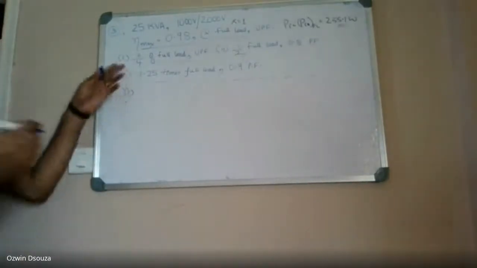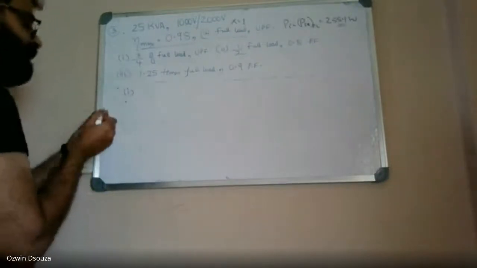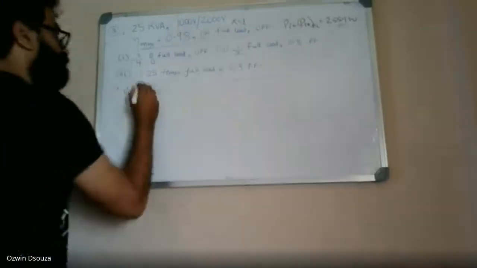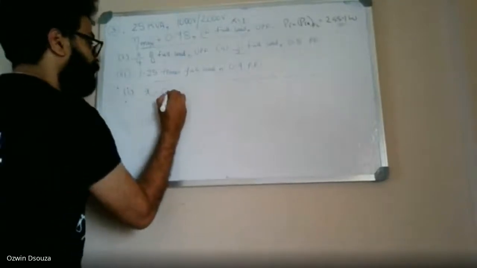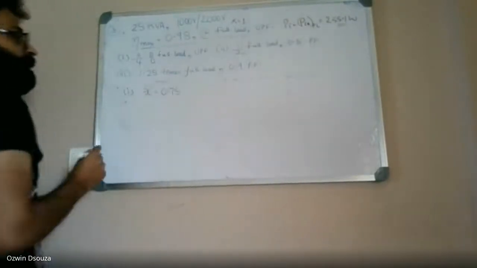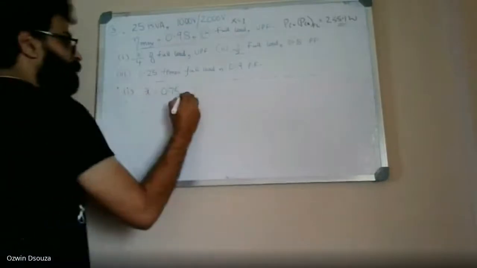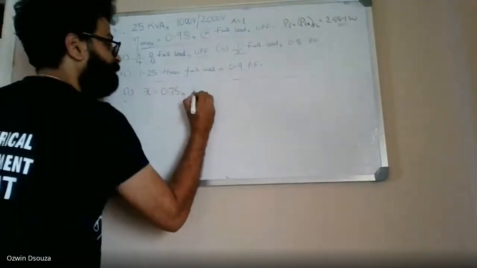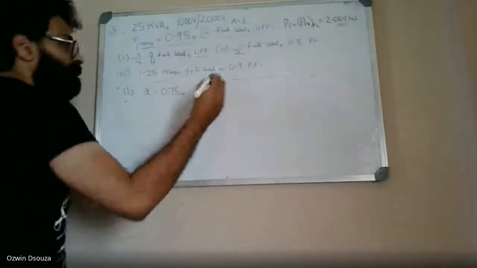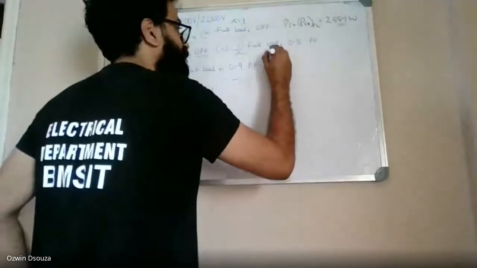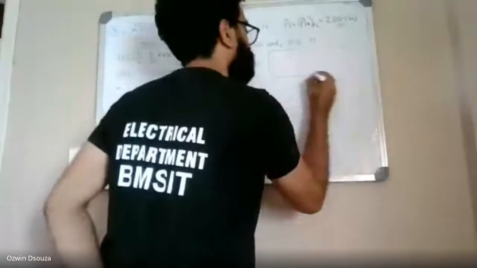So first let us consider 3/4 of full load and UPF, right? So in the first case, 3/4 is 0.75. So X is 0.75 and UPF, so power factor is 1. I will write the efficiency relation here, so you can refer.